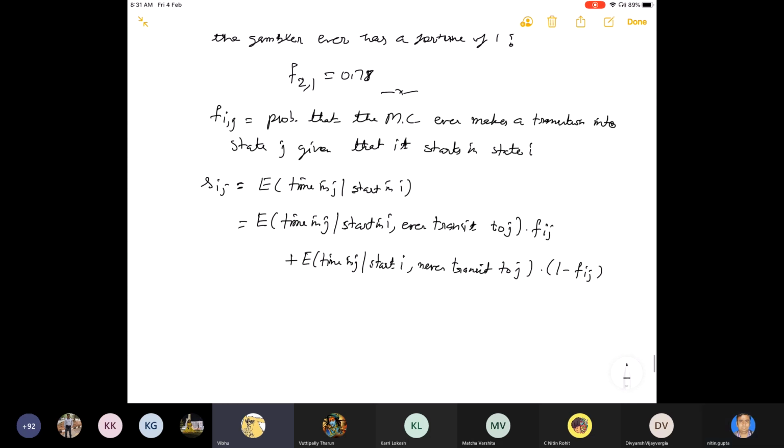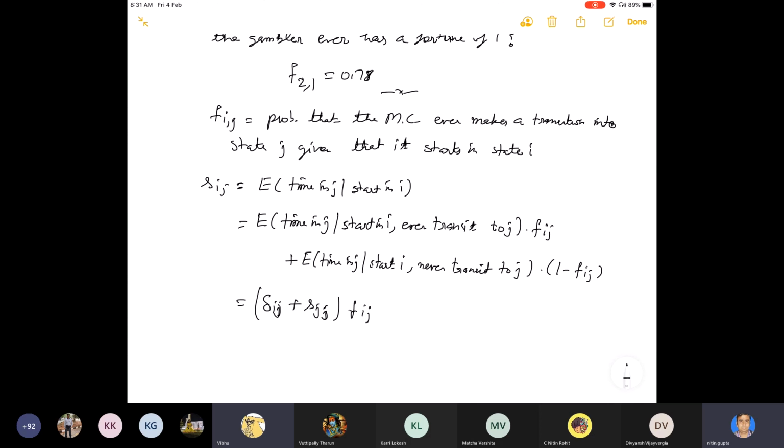Now this is delta ij for the first term, which is 1 if i is equal to j and 0 otherwise, plus the expected time in j given we start in j, which is Sjj.